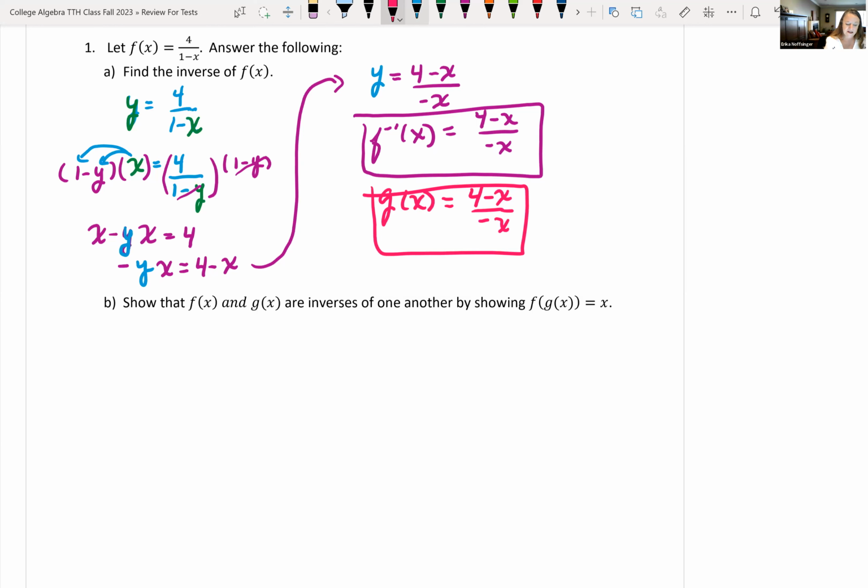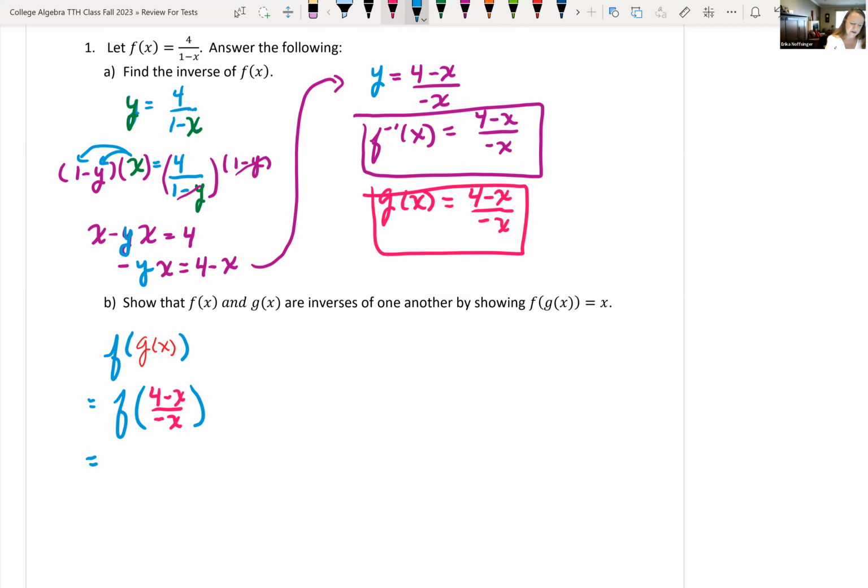So if I wanted to take the composition f of g of x, I would be going back in here, and wherever I saw g of x, I'm replacing it with that equation, 4 minus x all over negative x. So doing so, we're going to go back to our equation, f of x, which is up here.